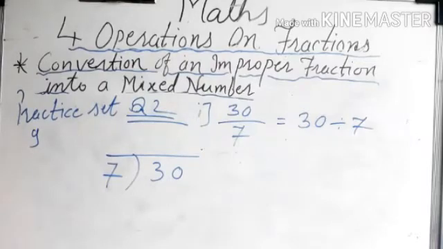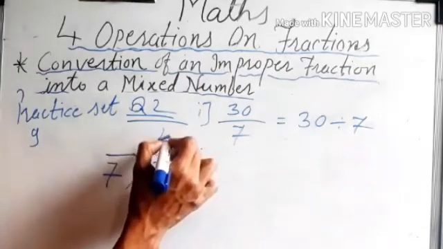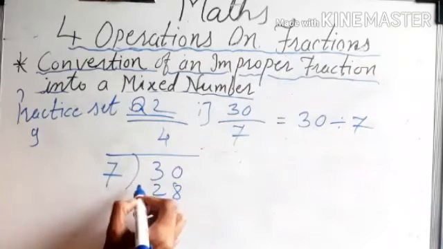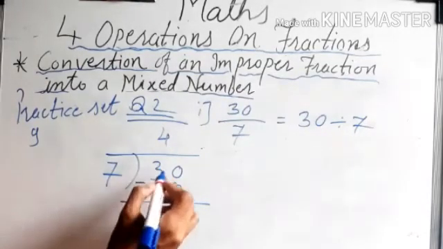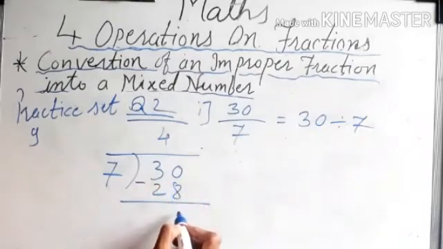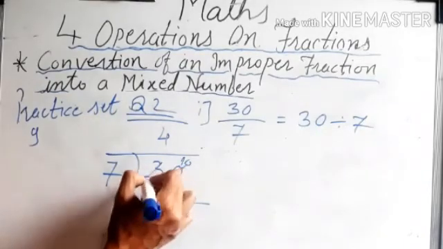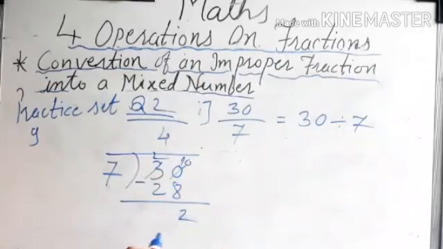Yes, 7 fours are 28. So you can subtract this. Now the subtraction: 30 minus 28. So here 2, or you can solve it this way: 10 minus 2 by borrowing. Okay, so 2 is the remainder.